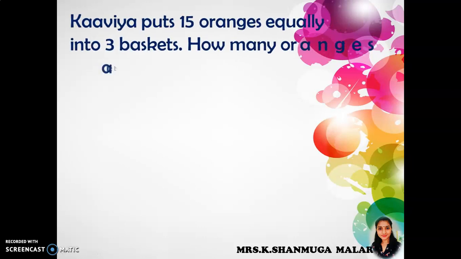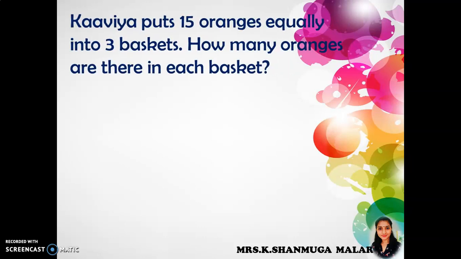Kavya puts 15 oranges equally into 3 baskets. How many oranges are there in each basket? Students, when you look at the problem solving of division, first they will give you the total number of things.